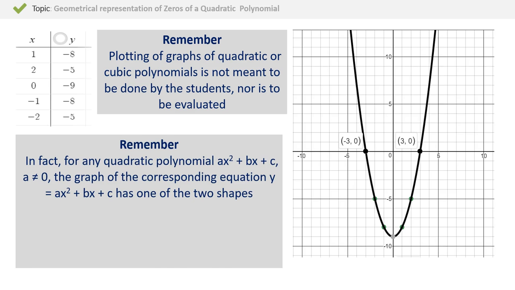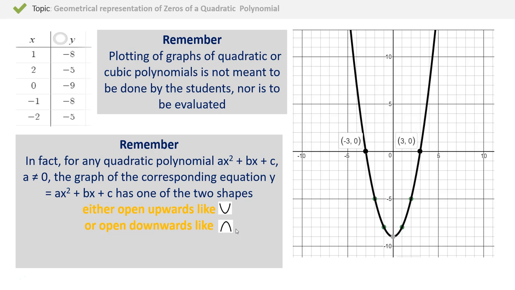Another point to remember, any quadratic polynomial of the form ax square plus bx plus c, where a is not equal to 0, the graph of the corresponding equation has one of two shapes. Either open upward like this, or open downward like this. So if the graph looks something like this, then that becomes downward.